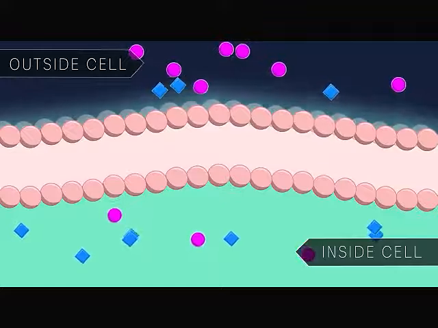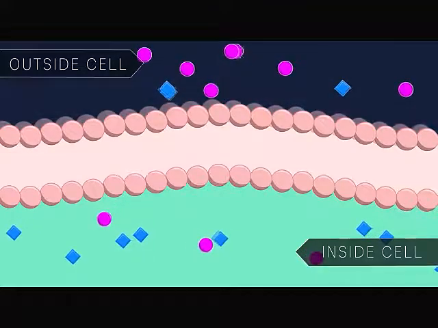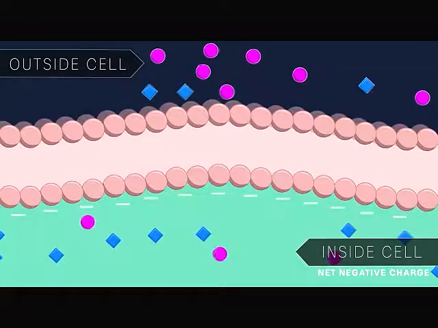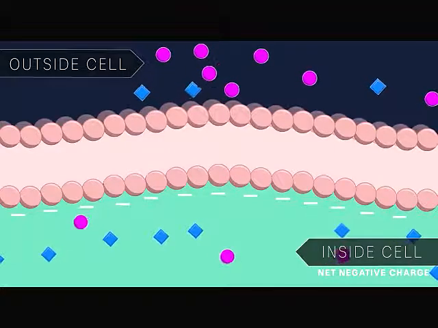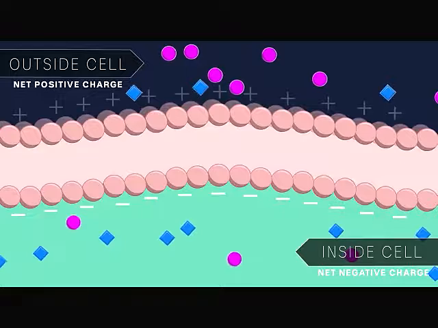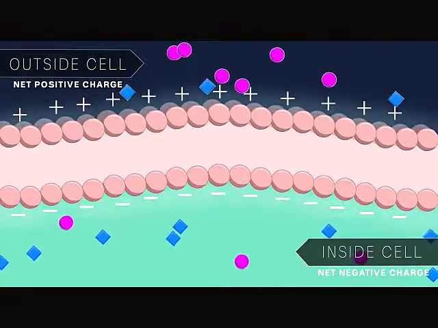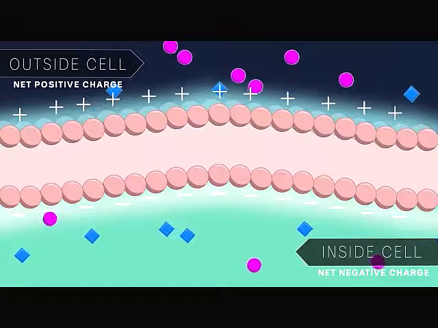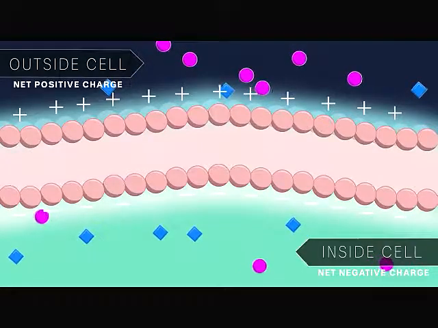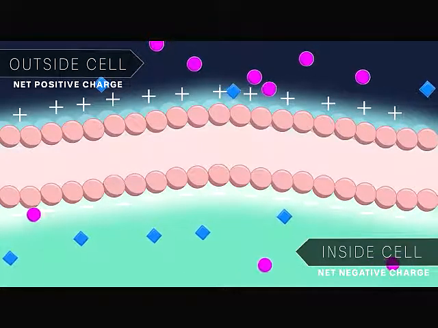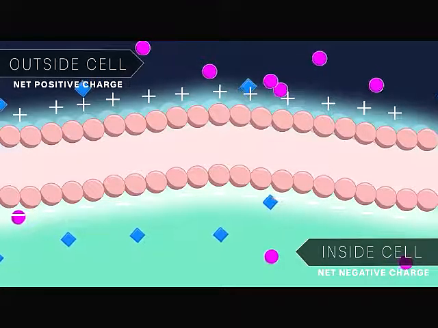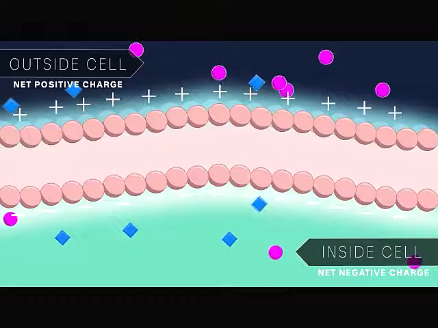Then the difference in the charges on the ions is what is going to become the electrical gradient. Now when you combine the two concepts, the chemical gradient and the electrical gradient, we arrive at the biological concept which we call the electrochemical gradient.